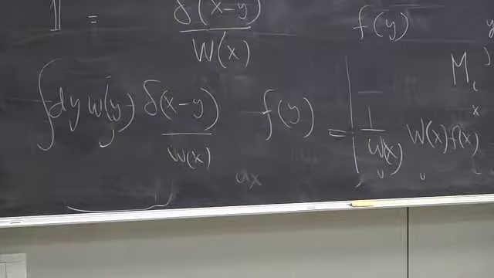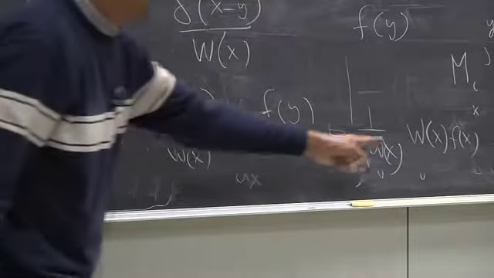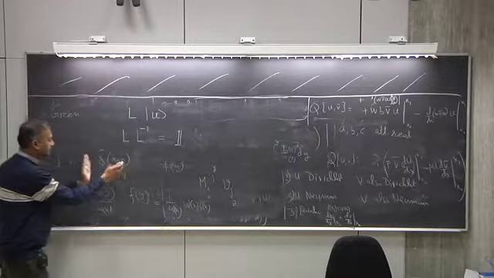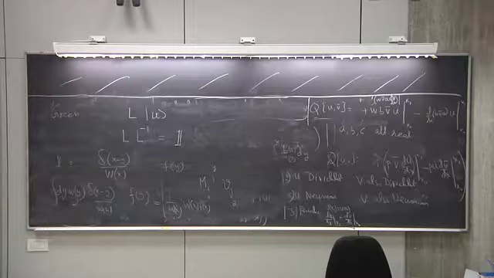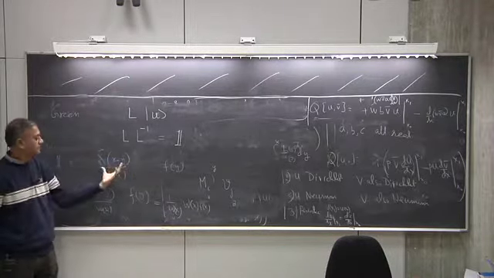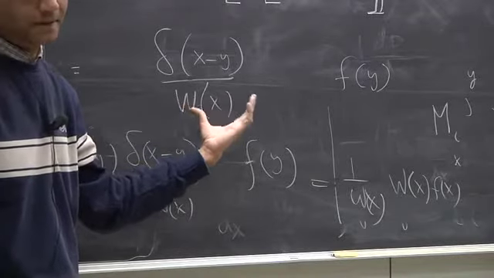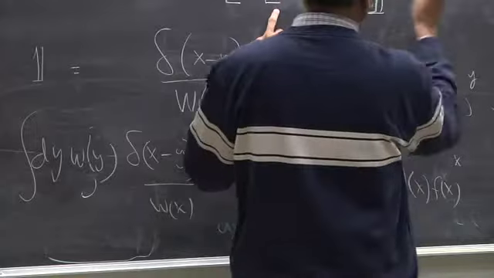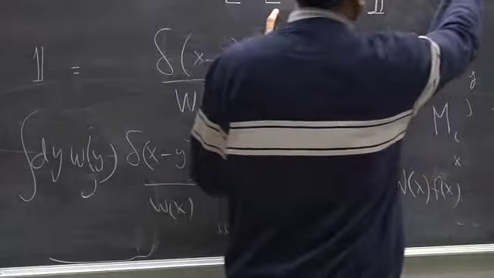So w(x) cancels and you get back f of x. So this is the correct definition, that's the generalization of what we know as Kronecker delta to this situation.